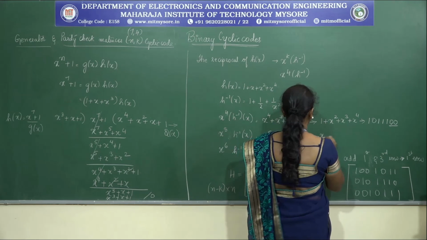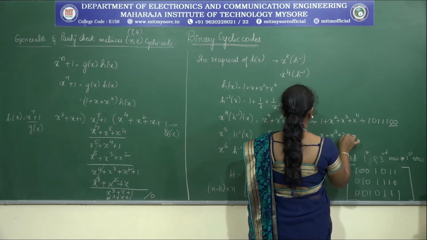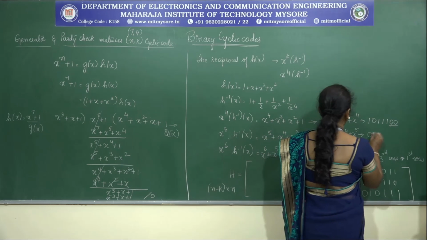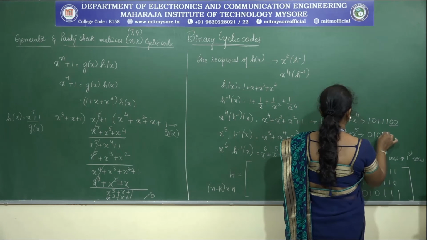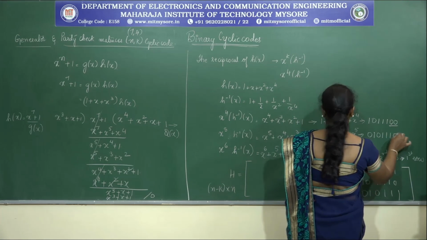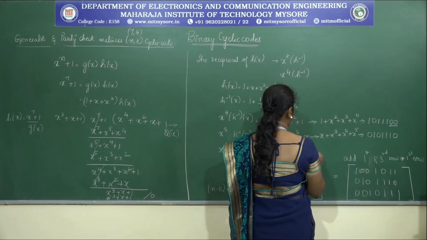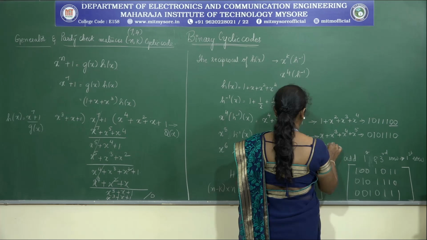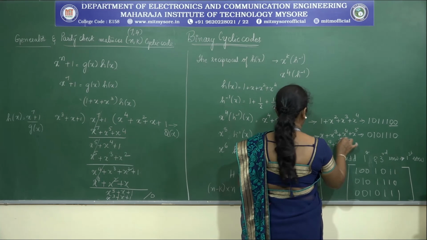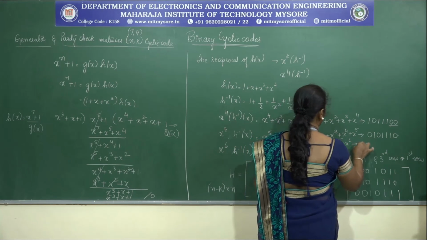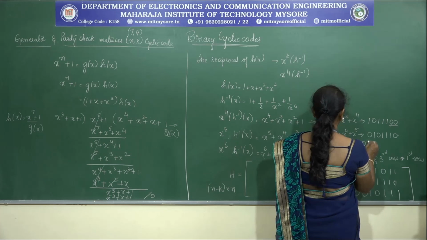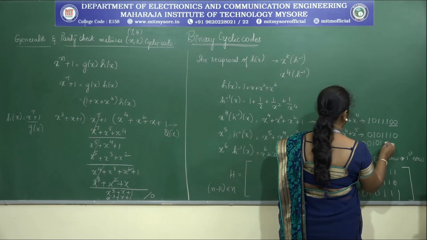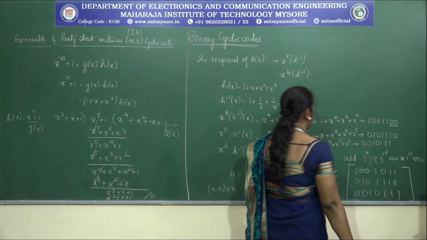So similarly here, that is x plus x3, x4, x5, 0, 1, x square is 0, x3, x4, x5, x6. Then this one is x square plus x4, x5 and x6. So this will be 0, x square, x3, x4, x5 and x6.